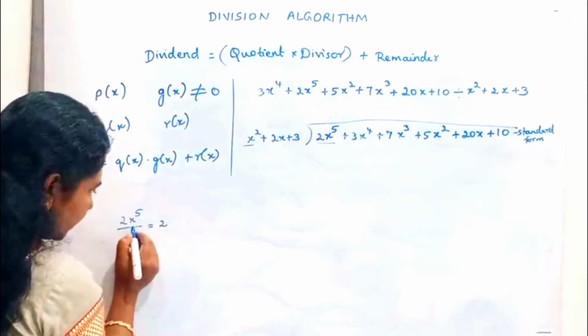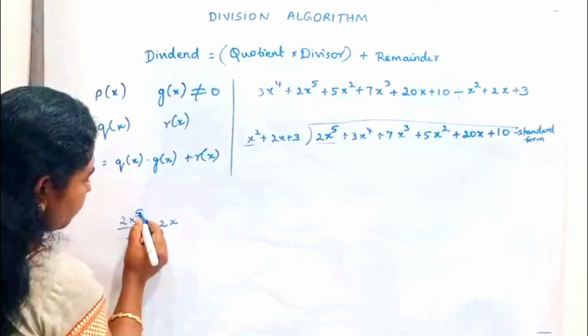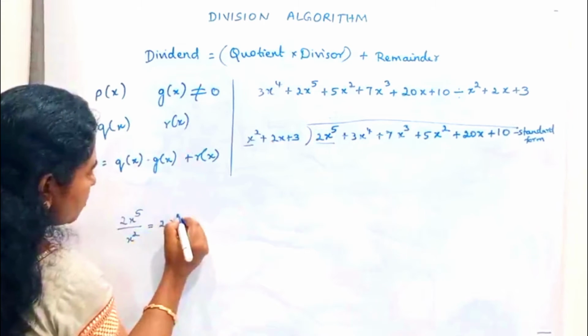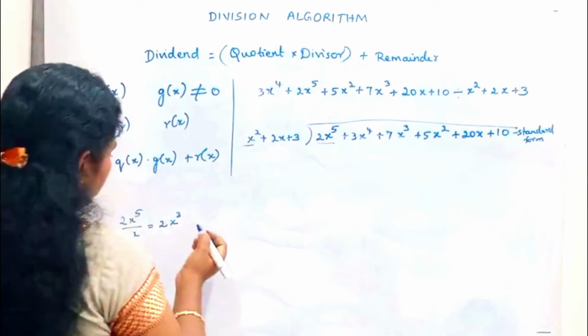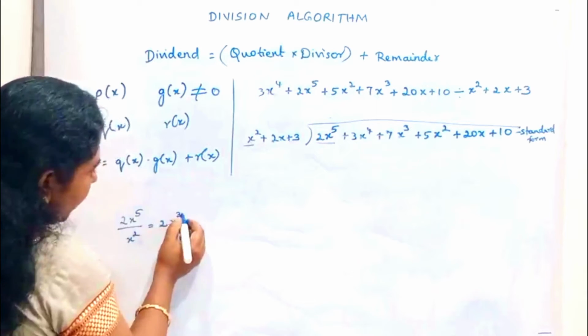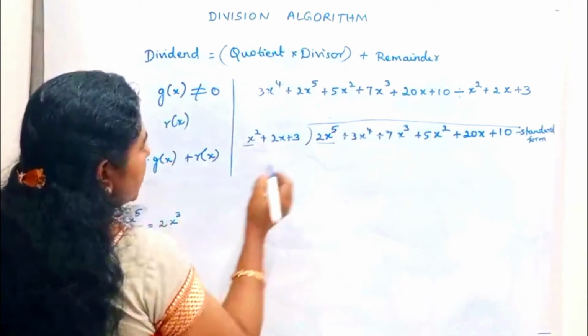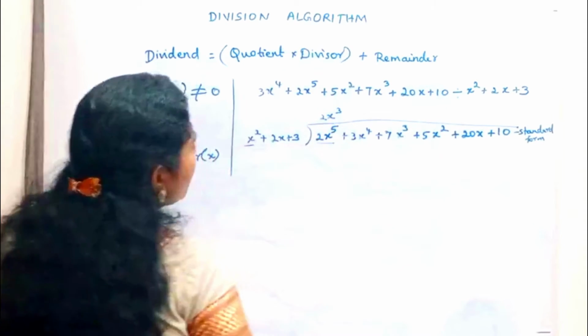Since it is division, we can write x power 5 minus 2, so it becomes 3. Already we have seen this in the division topic. So it becomes 2x cubed. That quotient should be written here as the first term.